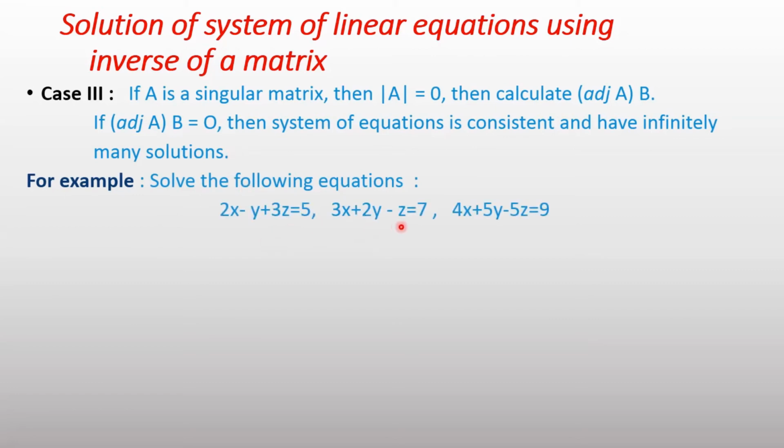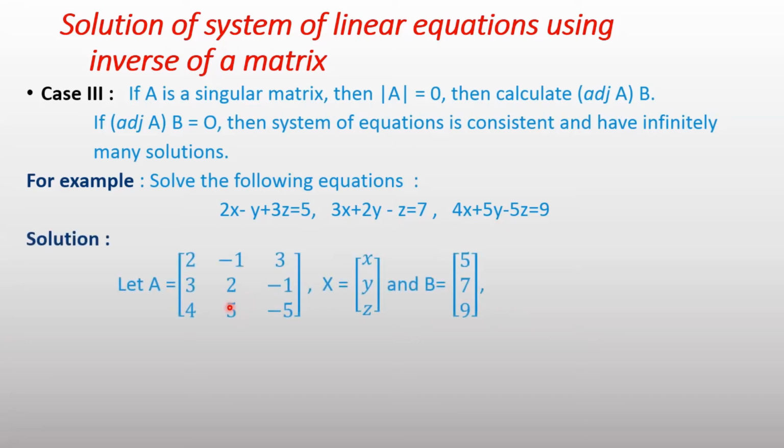I have taken one example here. From here easily you can write matrix A, coefficients of x, y, z, x equal to x, y, z, and B 5, 7, and 9.